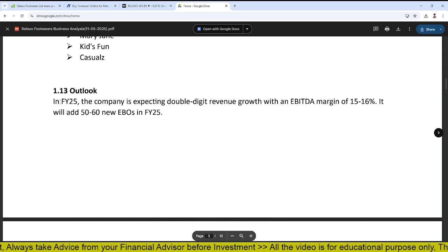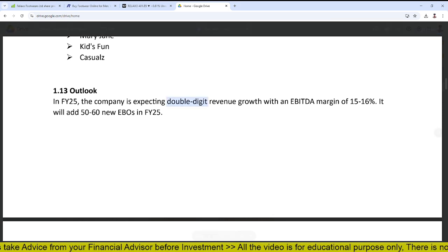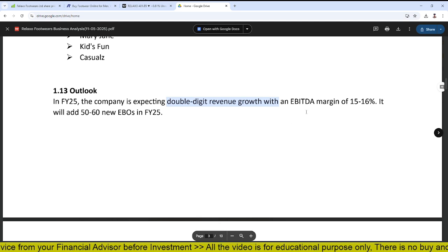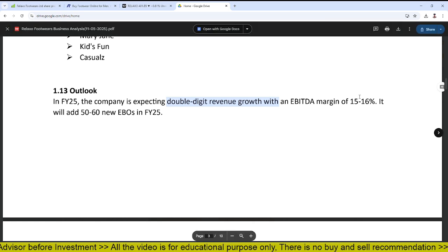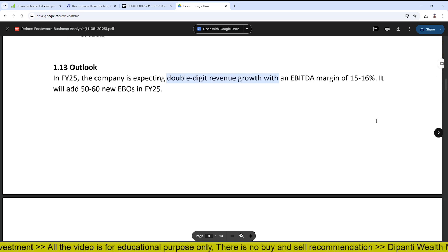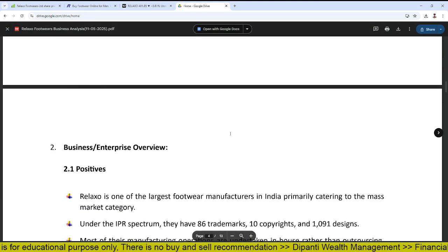In FY25 the company is expecting double-digit revenue growth and an EBITDA margin, that is earnings before interest, tax, depreciation and amortization, of 15 to 16%. It will add 50 to 60 new EBOs in FY25.